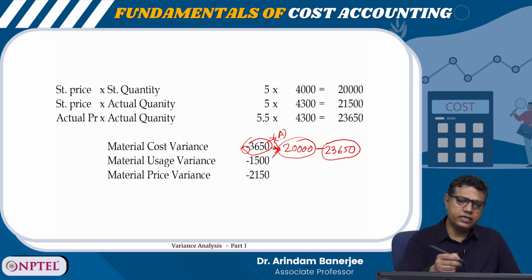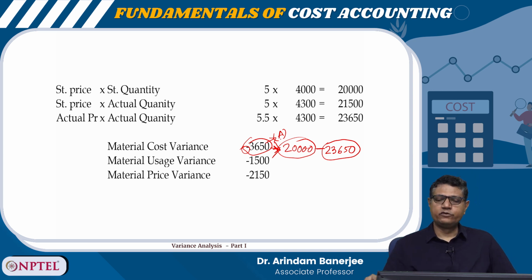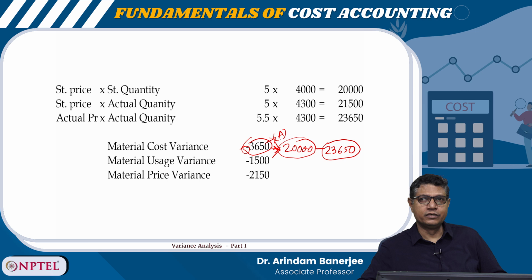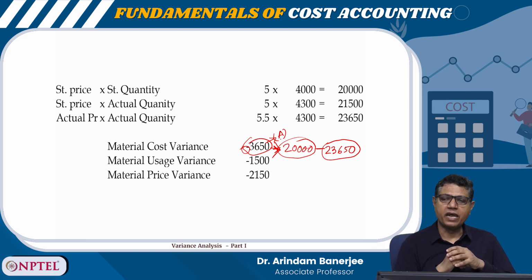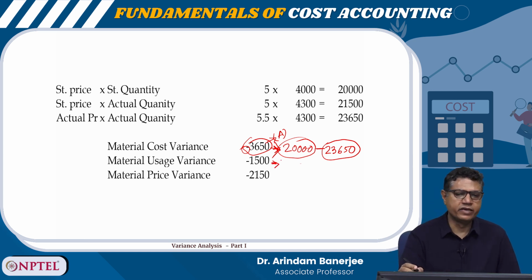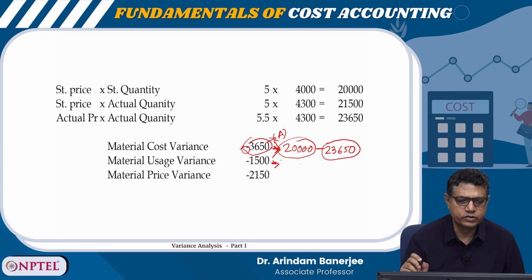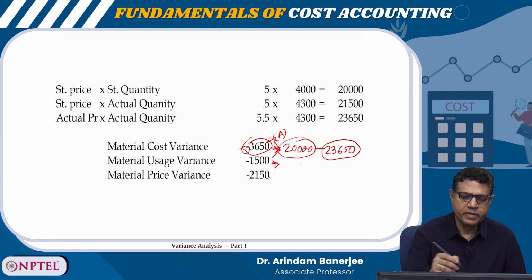Now this material cost variance can arise because of two reasons, as we discussed earlier. One is the difference in price, right? And second is the difference in usage. We can do it in another way. See, standard price into actual quantity is 21500, and standard price into standard quantity is 20,000.